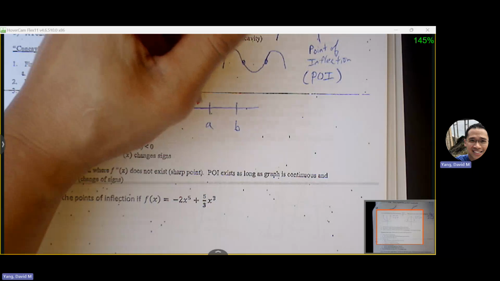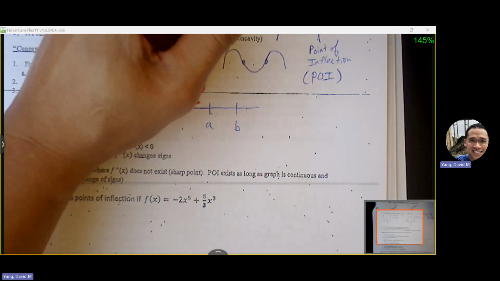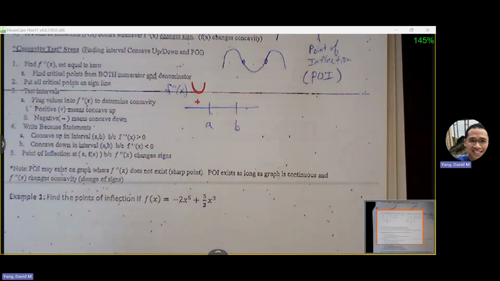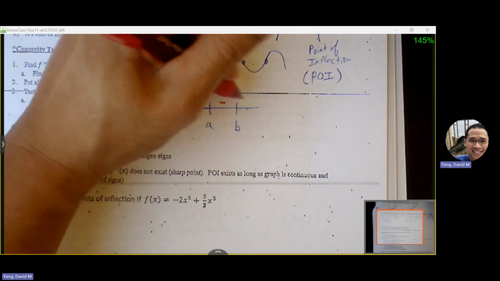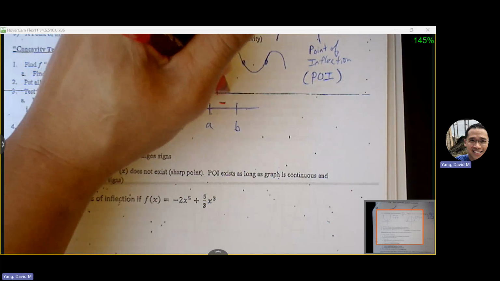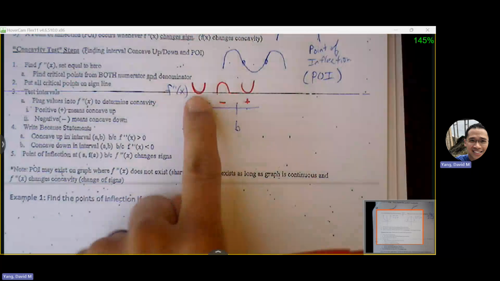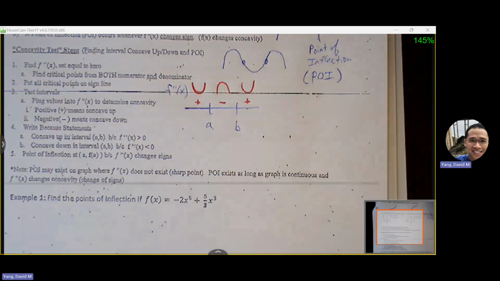Then to indicate that the graph is concave up, we're going to use a U shape to indicate how the graph is going to actually look. Just like how we use arrows to help remind us how the graph is moving in terms of its slope. From the second derivative function, we can gather information about the curvature of the graph. And to help remind us that we're looking at the curvature, we're going to use either a parabola opening up or a parabola opening down to help us visualize the shape.